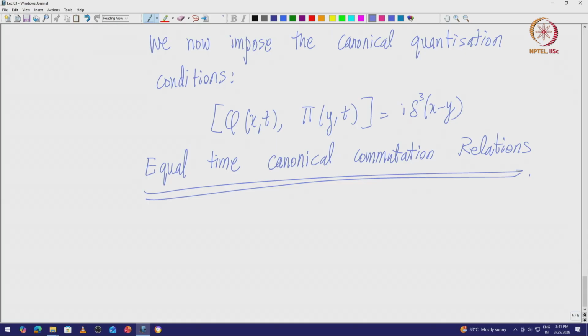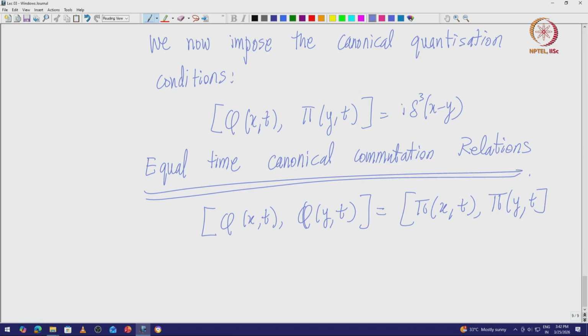So, this is an important point that you are imposing, because we are in a relativistic theory, we are imposing h cross equal to 1, c equal to 1 and so on. So, we are imposing that they should also be at equal time. Okay, this is an important point. So, we have two other relations: [phi at x t, phi at y t] and [pi at x t, pi at y t], all of which should be equal to 0.